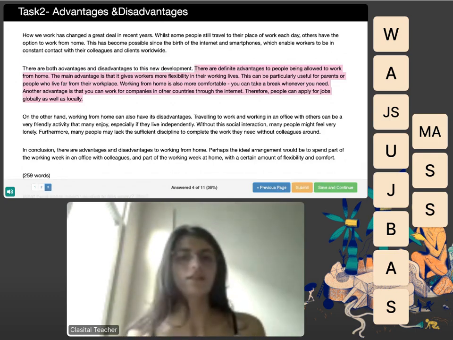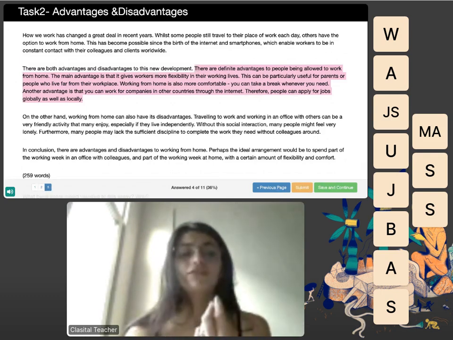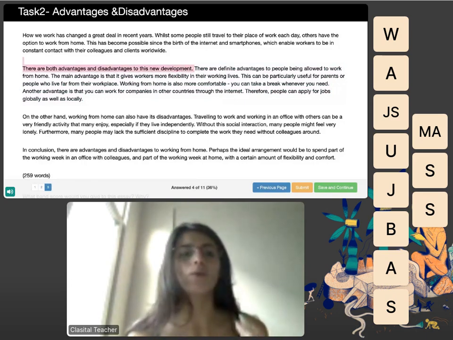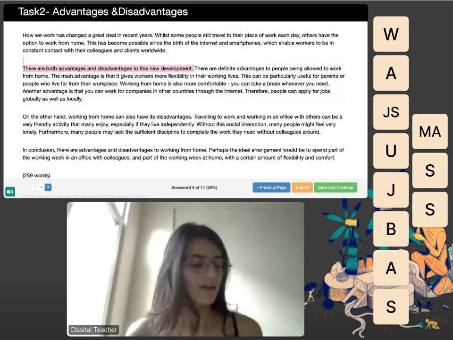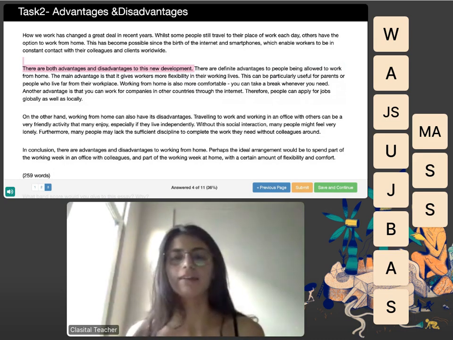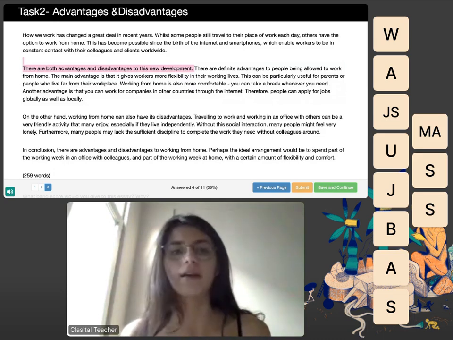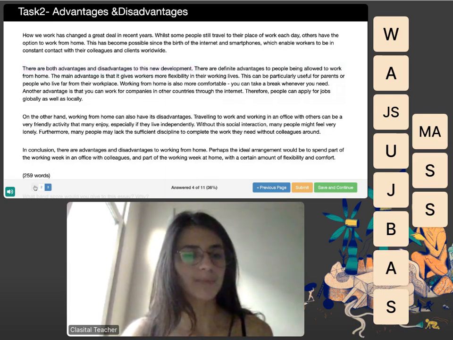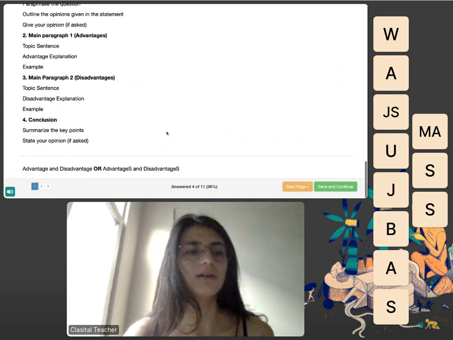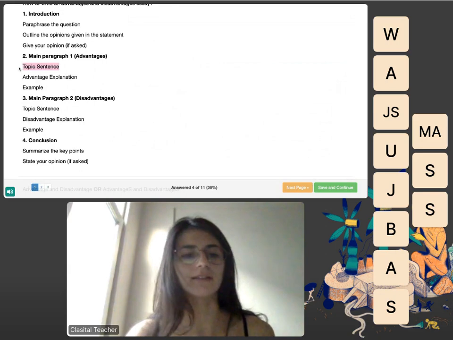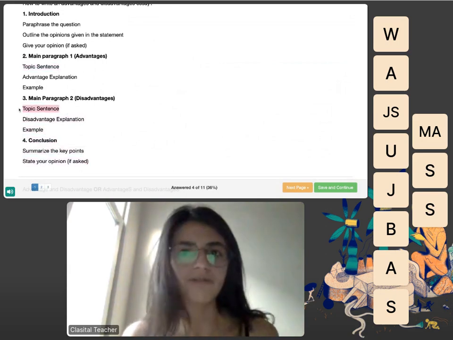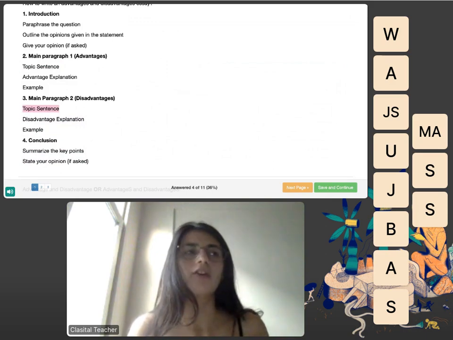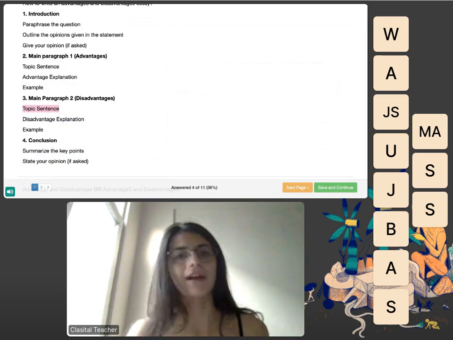So we will need to show the examiner, even in the first sentence, that we will be talking about advantages in this paragraph. So this is kind of what I would refrain from doing, because remember, what we need to do is to write a topic sentence as the first sentence in each body paragraph, and that topic sentence should tell the examiner what we're focusing on in that paragraph.